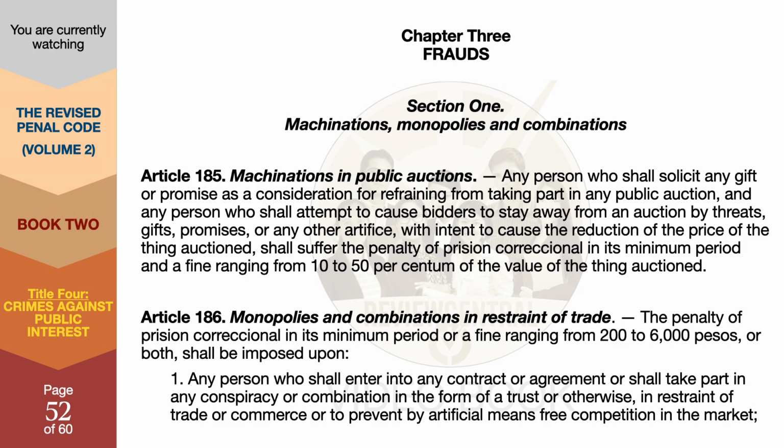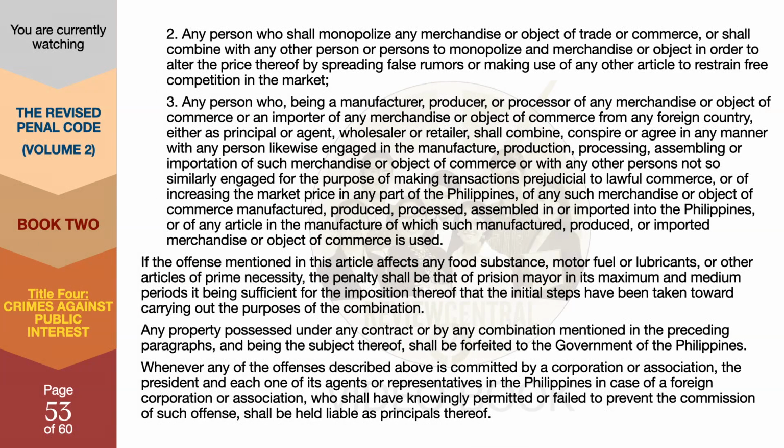Article 186. Monopolies and combinations in restraint of trade. The penalty of prisión correccional in its minimum period or a fine ranging from 200 to 6,000 pesos, or both, shall be imposed upon: 1. Any person who shall enter into any contract or agreement or shall take part in any conspiracy or combination in the form of a trust or otherwise, in restraint of trade or commerce or to prevent by artificial means free competition in the market. 2.